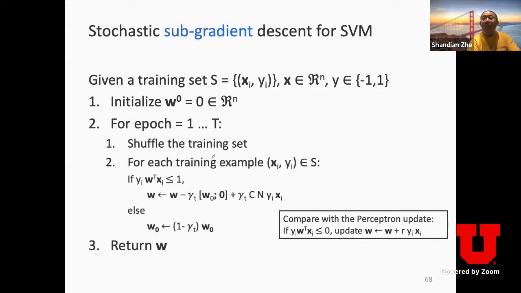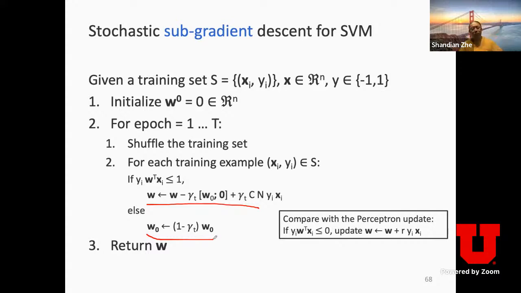Then we go through every training example, and we check if our functional margin, which is the product between yi and w transpose xi, is less than or equal to 1. If so, I'm going to update the w with this subgradient. Otherwise, I'm going to update w with another subgradient. This is what we have derived for the subgradient.